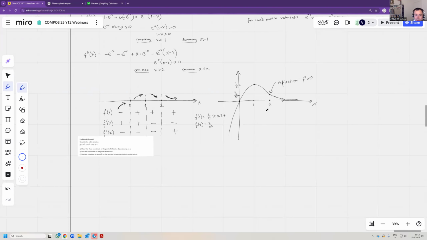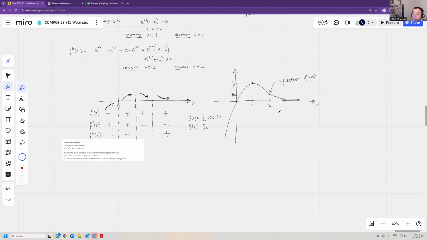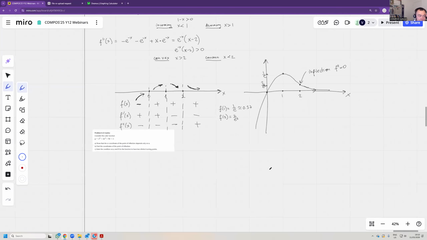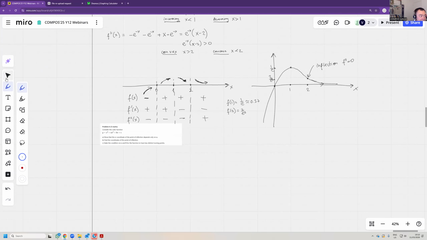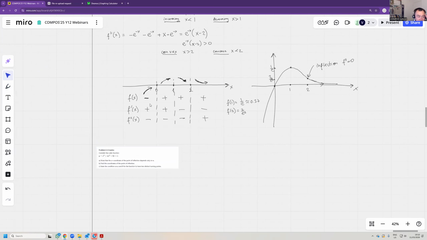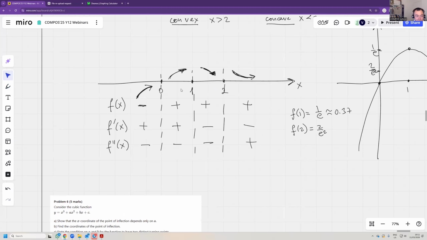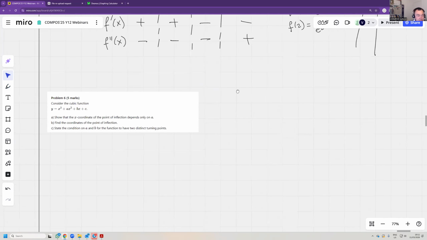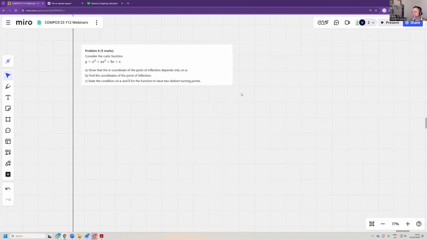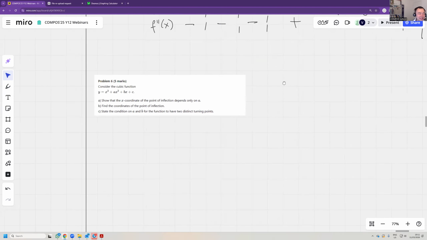That's all a point of inflection is: a change of sign of the second derivative. Cool. This table is incredibly useful because it tells you the behavior of the function on different intervals. And we'll be using that in the next assignment on the method of intervals, so you will see how powerful this method is.